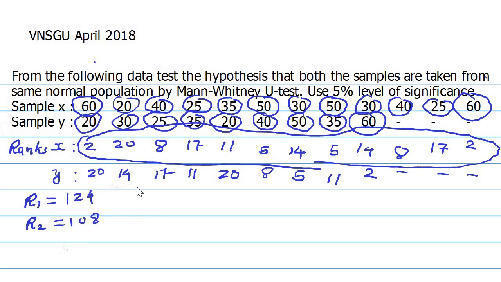After that, you know that to apply Mann-Whitney U test, we require value of U. So now I am going to calculate U, and that is why this test is known as Mann-Whitney U test.